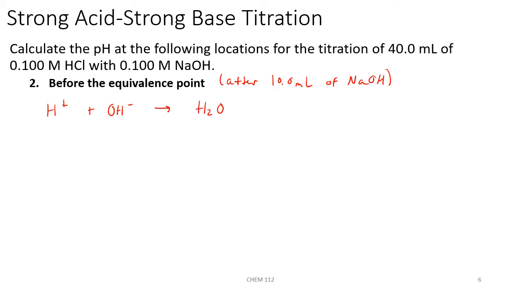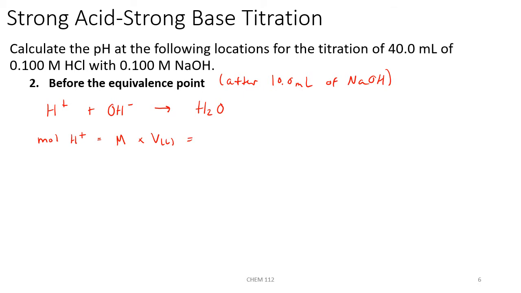In order to figure out what our pH is after we've added 10 milliliters of strong base, we need to figure out how many moles of acid we had initially and how many moles of base we added. Our moles of acid initially can be calculated by taking the molarity of the solution times the volume of the solution in liters.